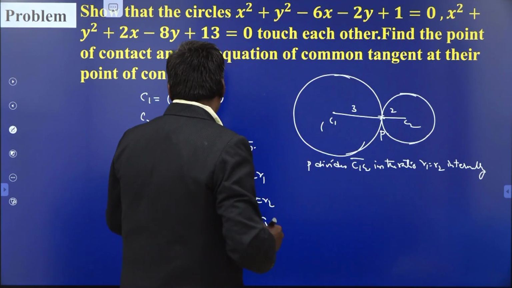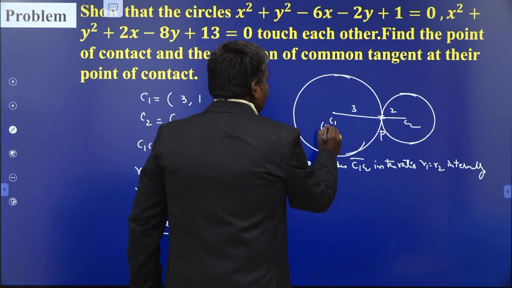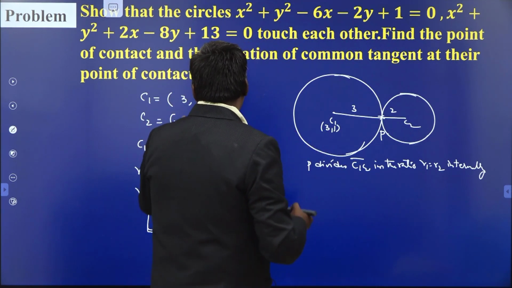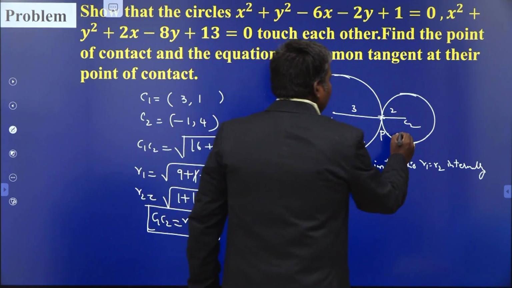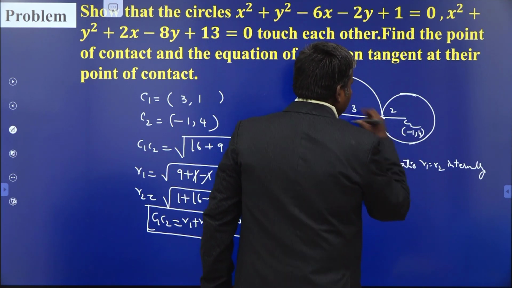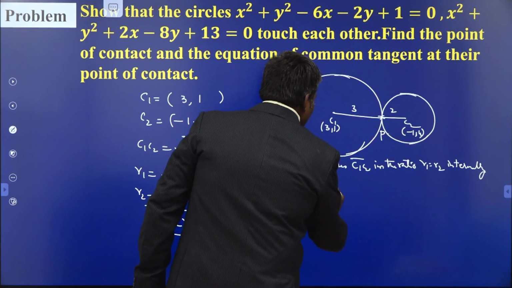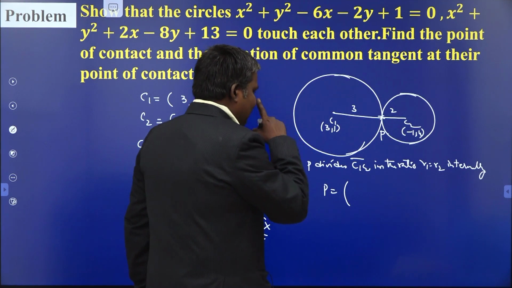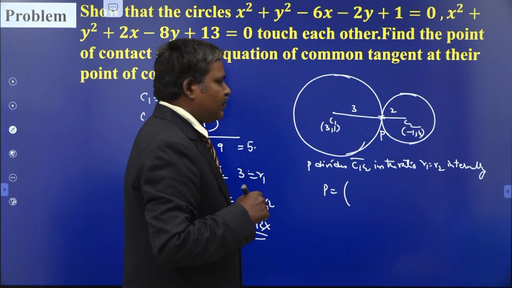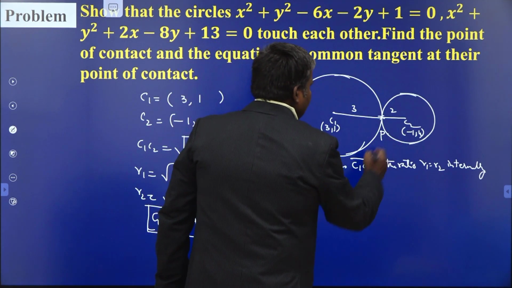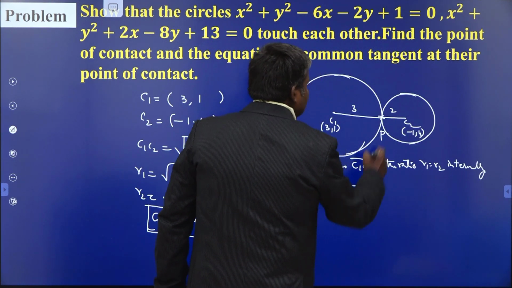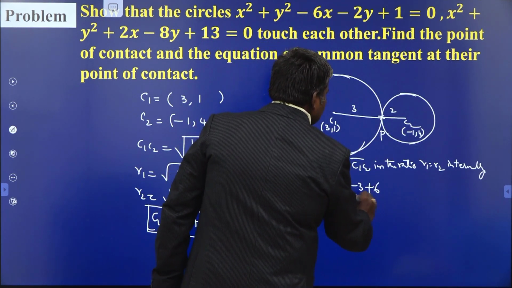What is C1? Your C1 is (3, 1). What are the coordinates of C2? (-1, 4). So, P is equal to (mx2 plus nx1) by (m plus n). 3 into minus 1, minus 3, plus 2 into 3, 6, by m plus n, 5.